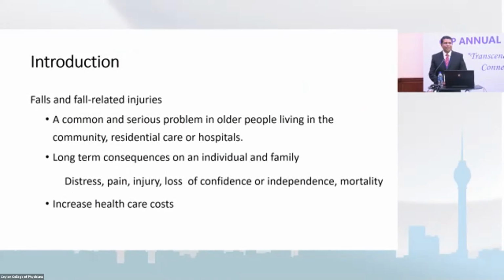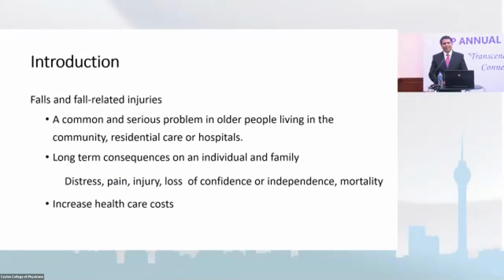So falls and fall-related injuries are a common serious problem in older people, not only in the community, but in residential care and hospitals, and the long-term consequences to an individual and to a family are very high, because falls can cause distress and pain.